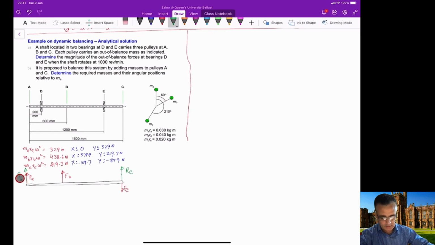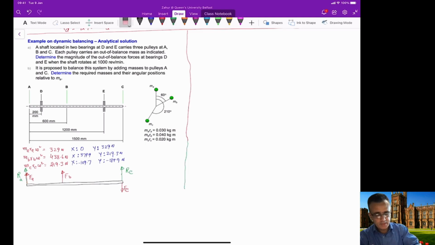That is what we want to calculate here. So in addition to FA and FC, we also have RA and RC, and these will be the required balancing masses that we would like to calculate. To calculate RA and RC, we will follow the similar procedure that we did in the previous example.